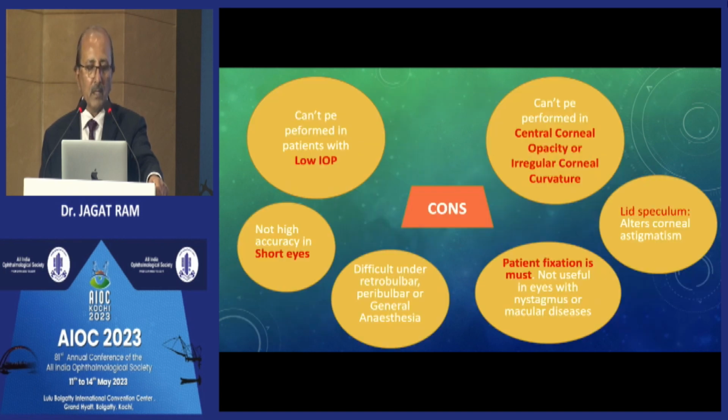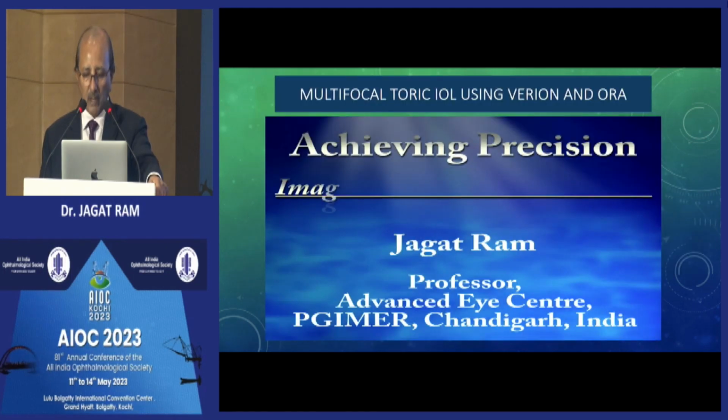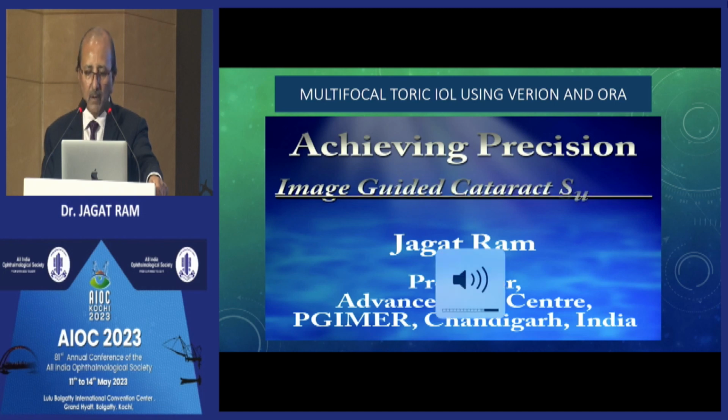But the problems are that this is not suitable for short eyes, or where intraocular pressure is low. If there is central corneal opacity, even the lid speculum will also produce some problem, and if the patient is not fixating. So I will be showing some of the video.